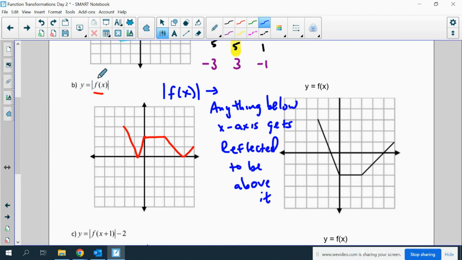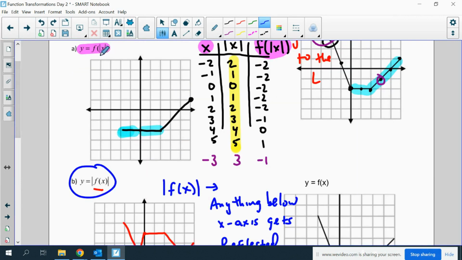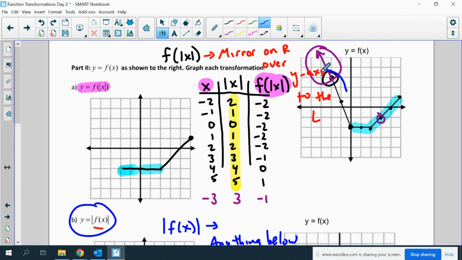Now, one thing you notice when you do this is that nothing up here got replaced. I just mirrored this part over, and it ends up showing up here. However, when I did absolute value of x on the inside of the function, stuff got eliminated. All of this went away.